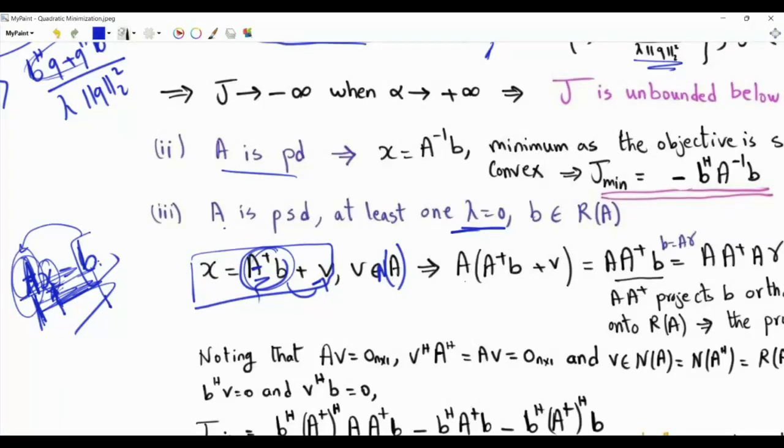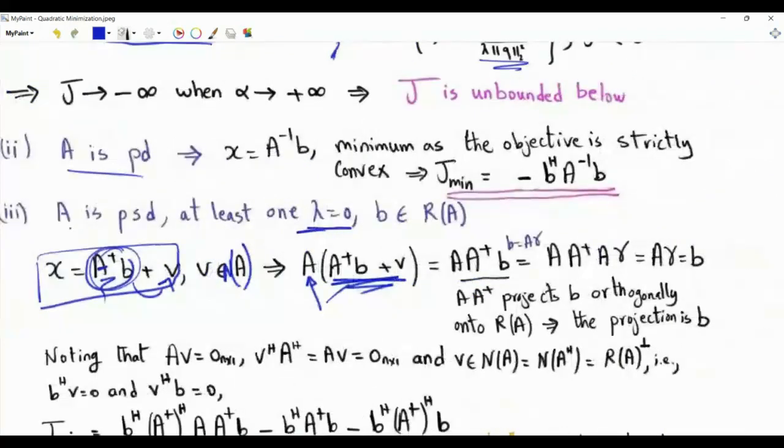Check that. If you take A and multiply it by the pseudo inverse of A times B plus a vector from the null space of A, what will we get? We will get this plus AV. Well, V is in the null space of A, so this is the all zero vector, so it goes away.